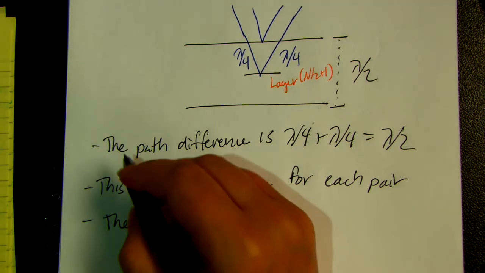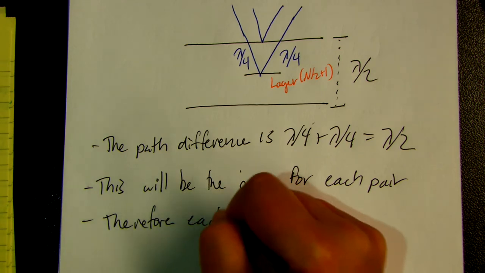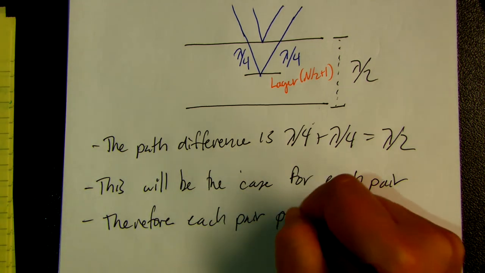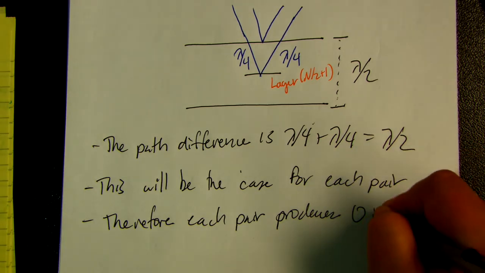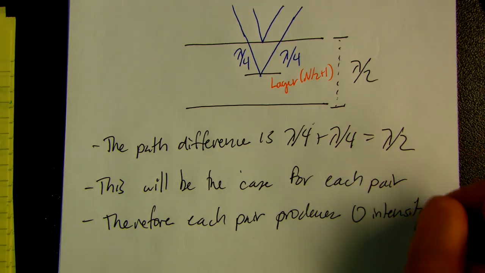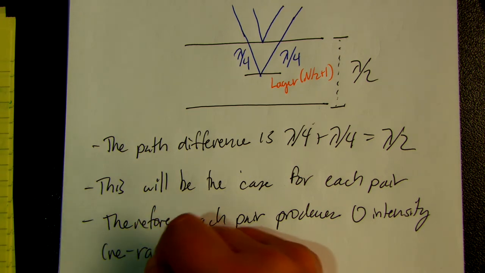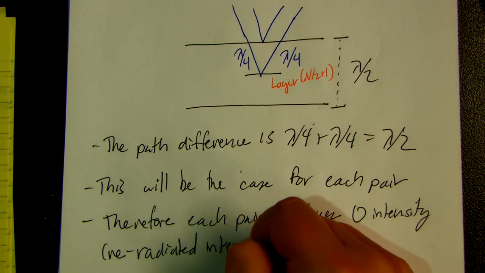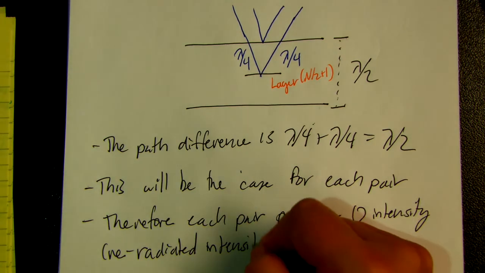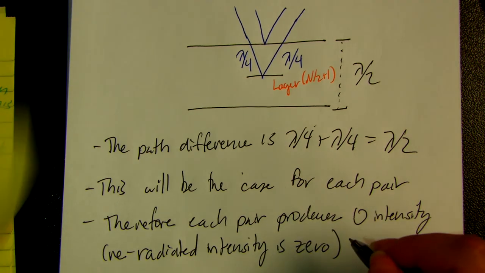Therefore, each pair produces 0 intensity. So re-radiated intensity is 0. So we're dealing with a completely transparent bubble, to green in this case, or 500 nanometer light.